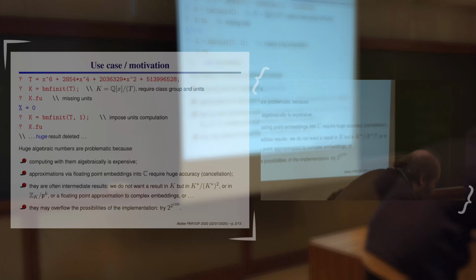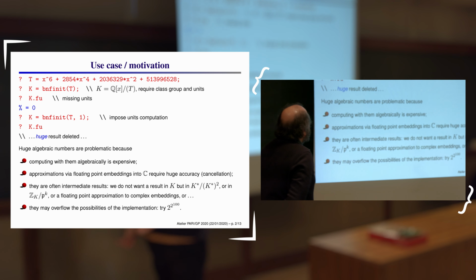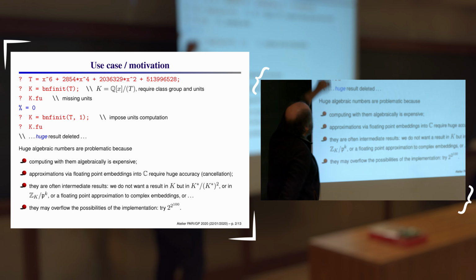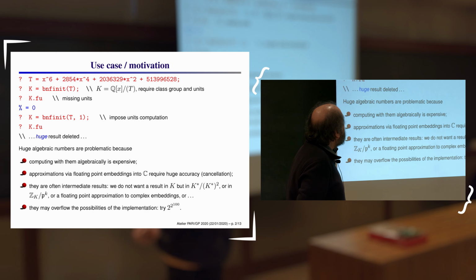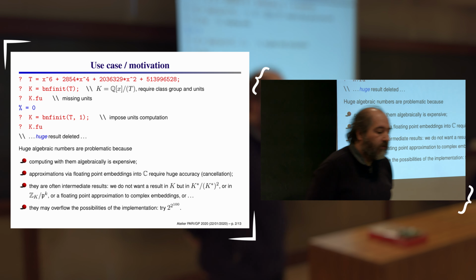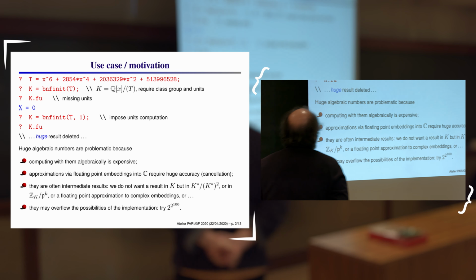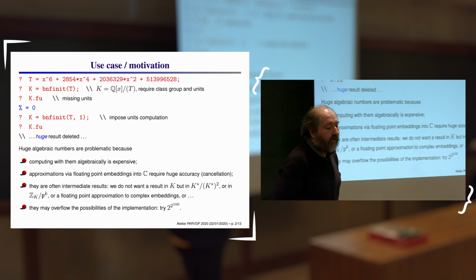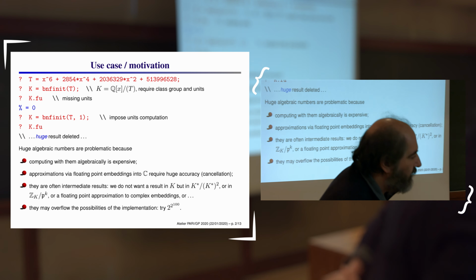Okay, so what is the motivation? What I'm going to talk about. So here's a very simple number field, Q of x mod this polynomial T. Okay, this is irreducible, so this defines a number field. Let's call it K, and the bnfinit function basically says initialize everything I might need about this number field, about its arithmetic.